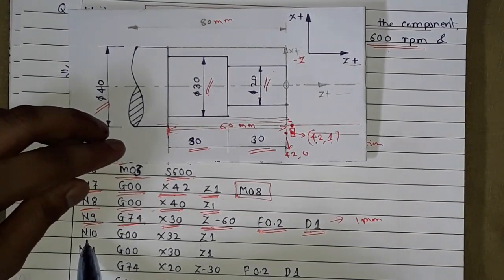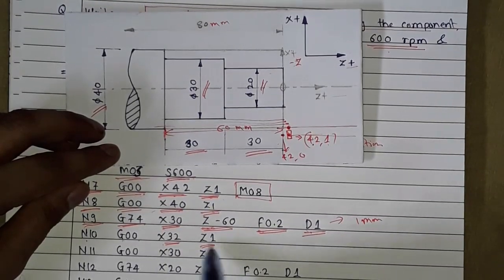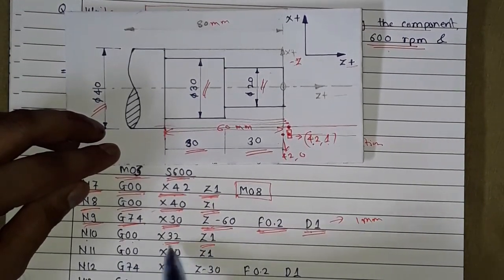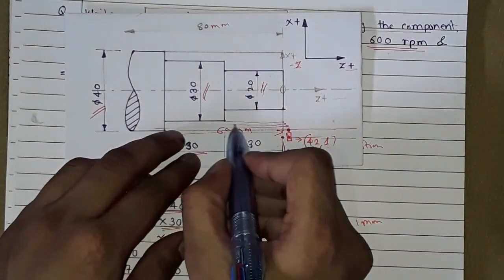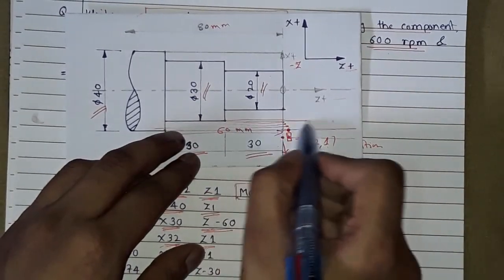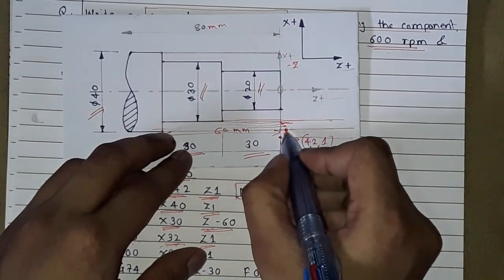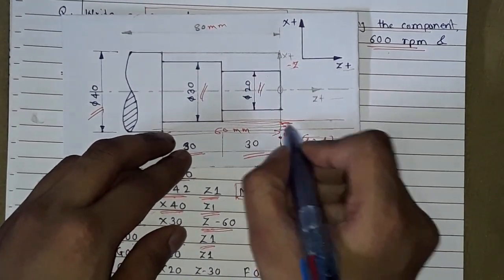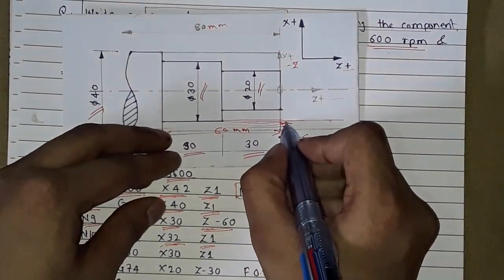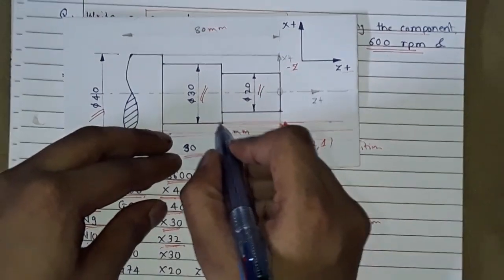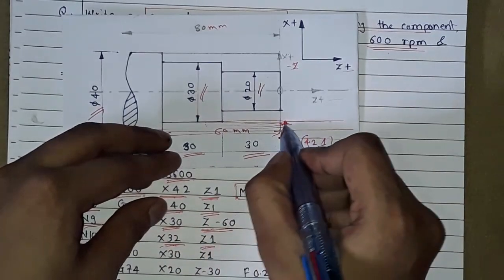Next is N10 G00 X32 Z1. Here friends, again rapid tool positioning to X32 and Z1. Suppose this is 30 and this is 32. The tool will be at this position, below the 30 line, at 32.